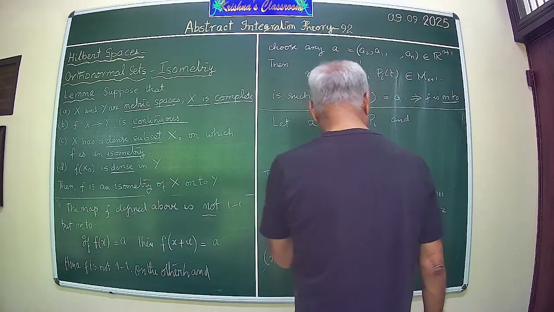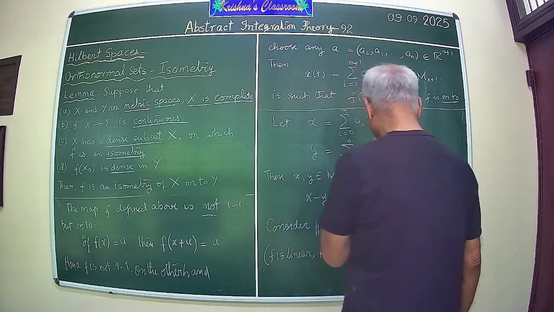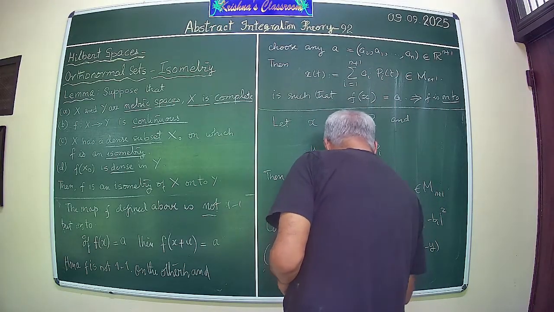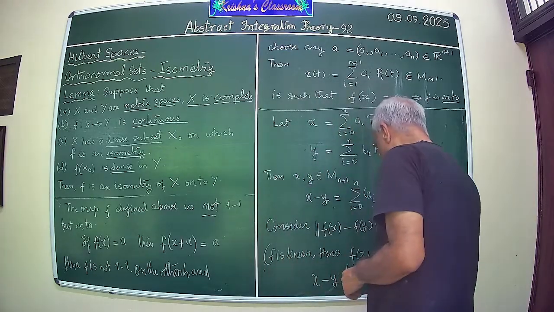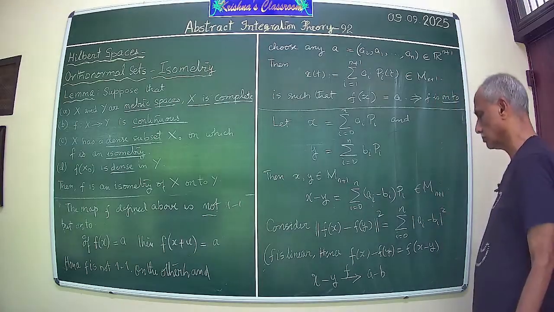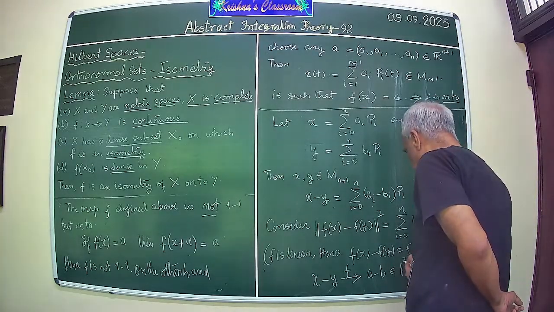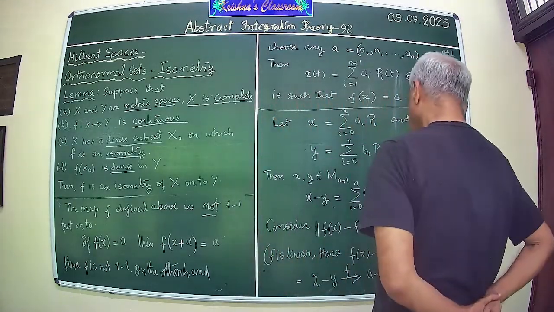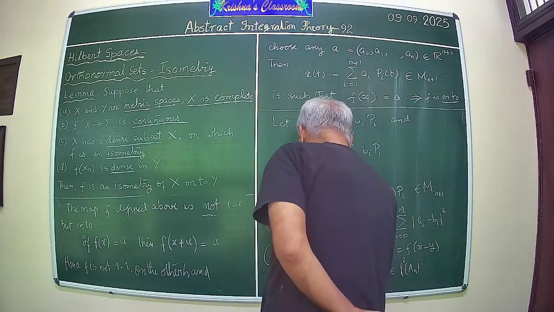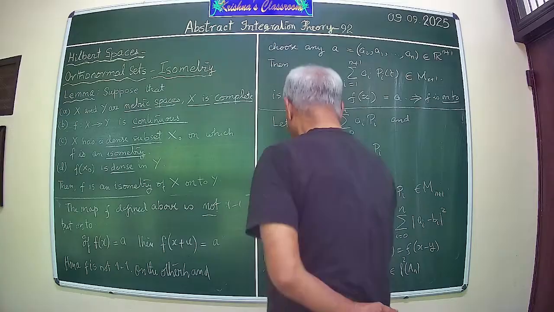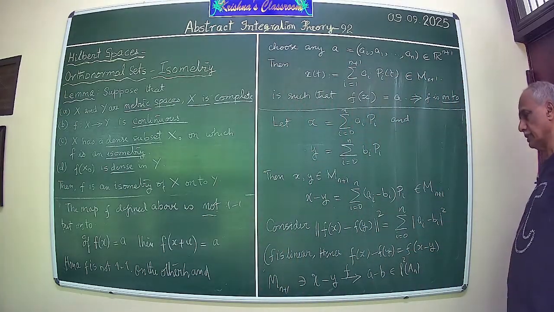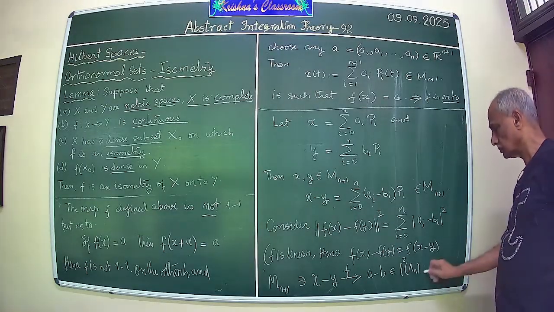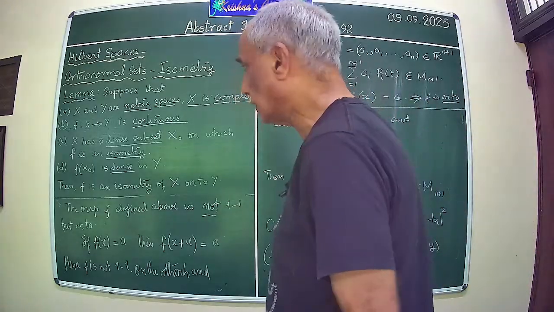Therefore, you see that a minus b, this is in A_n and this is in M. This relationship is there, and F is therefore an isometry.